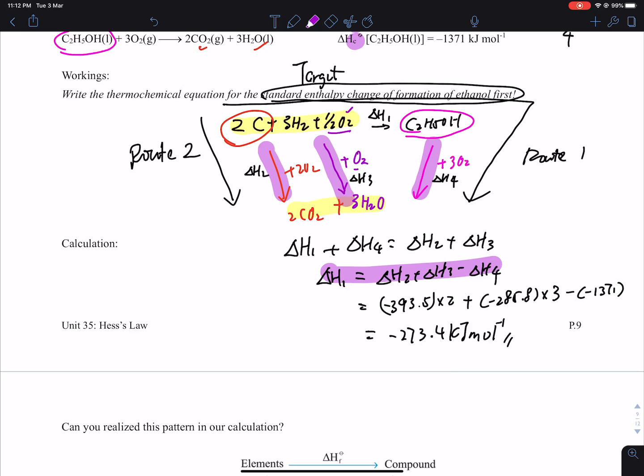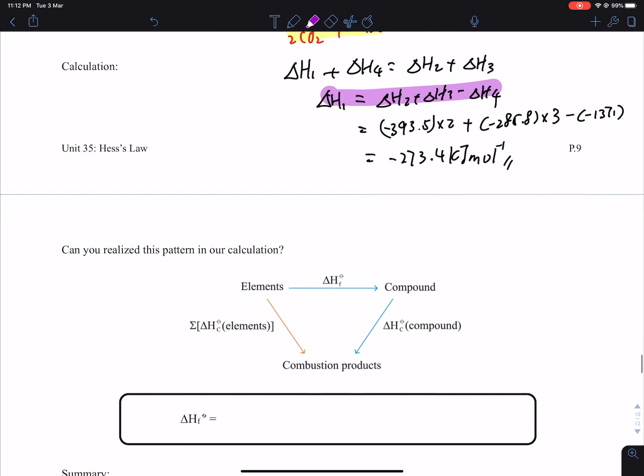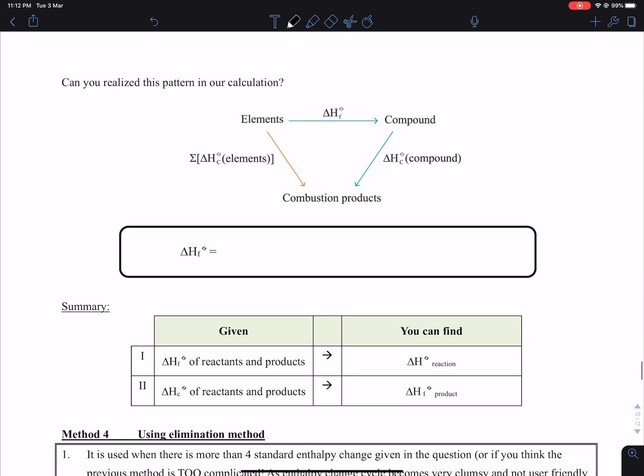Therefore, the conclusion is whenever you see the numerical data in enthalpy change of combustion, you can use this way for the calculation. You can add up all the enthalpy change of combustion of reactants minus the sum of all the enthalpy change of combustion of products.